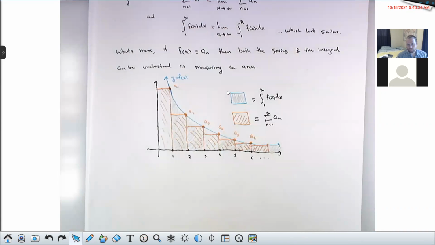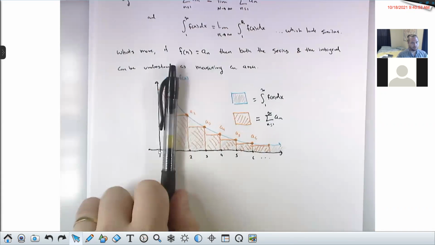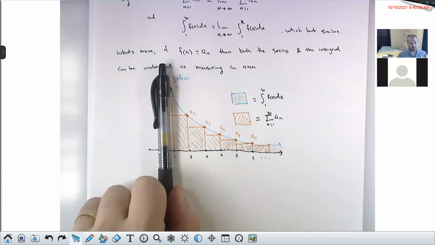Would you agree that if the pencil area is finite, then the orange area must also be finite? Now we can pretend this guy isn't here. He really doesn't matter. He's just one term. He's necessarily finite. Every other bit of that orange area fits inside the pencil area.